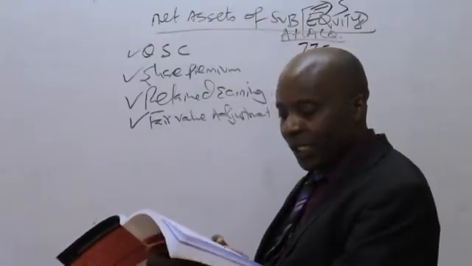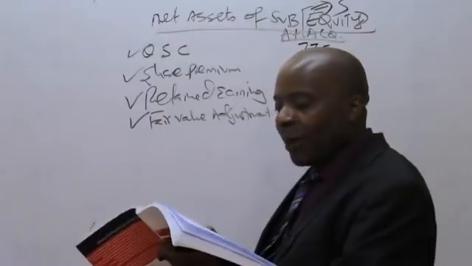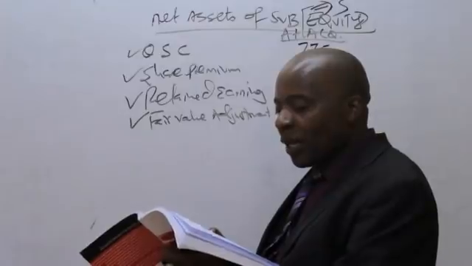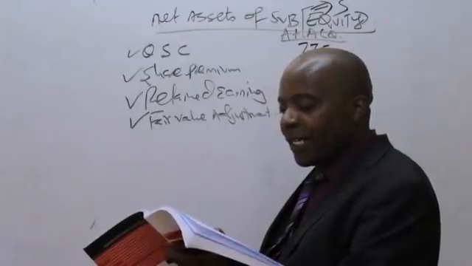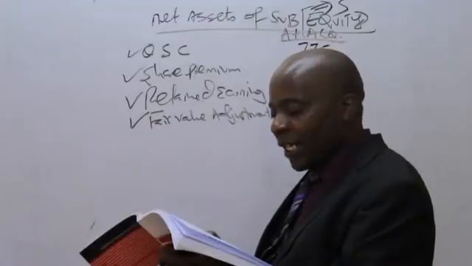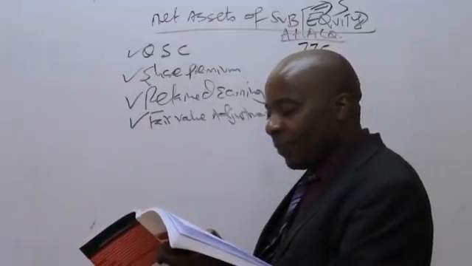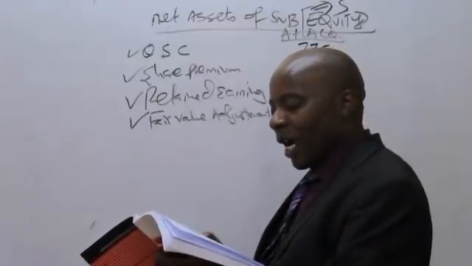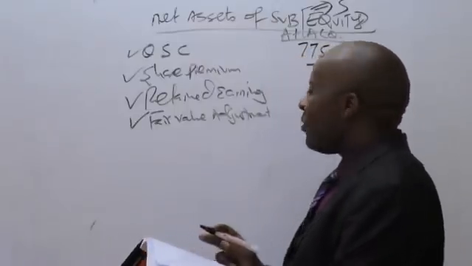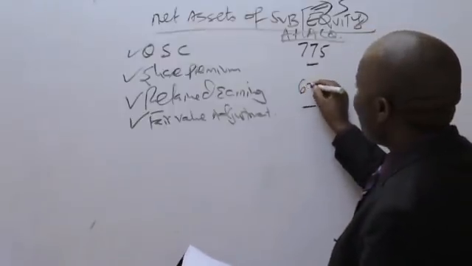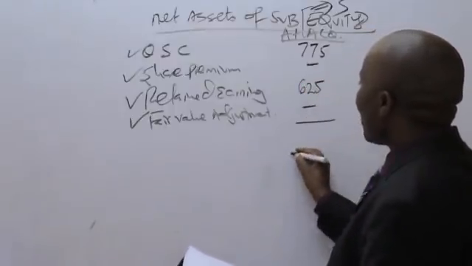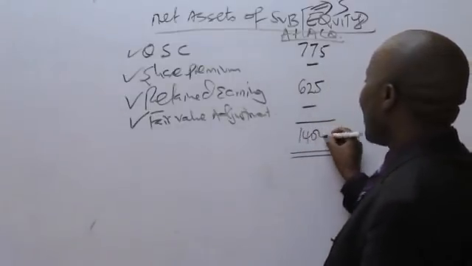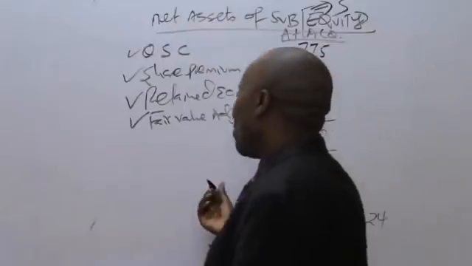Somewhere in the additional information, they told us that S Limited's net assets had a fair value of shillings 1400 as at 1st April 2016, represented by equity share capital of 775 and retained earnings of 625. So let me add these two, it comes to 1400. Great. So I write here goodwill on acquisition.